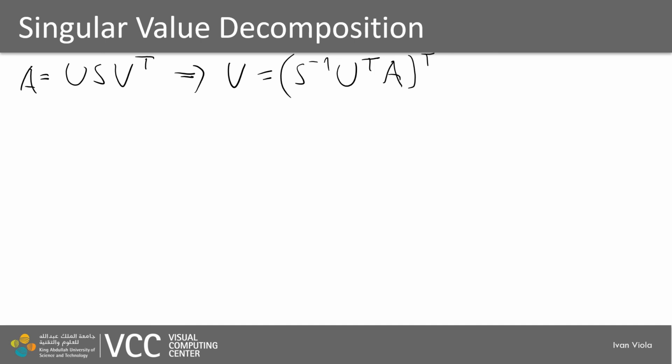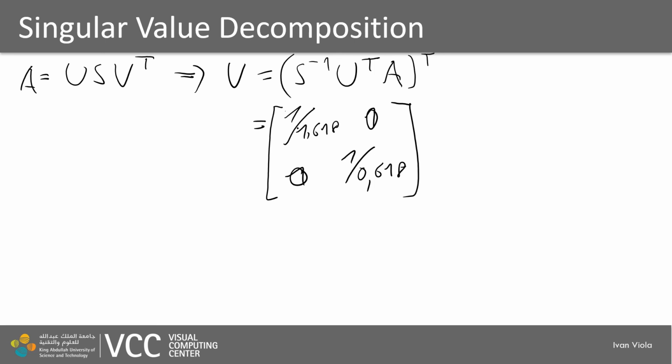so this is equal to 1 divided by 1.618, and then 0, 0, and 1 divided by 0.618 will be our S inverse matrix.